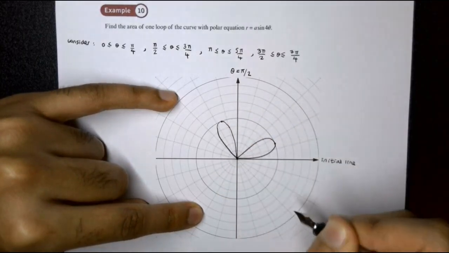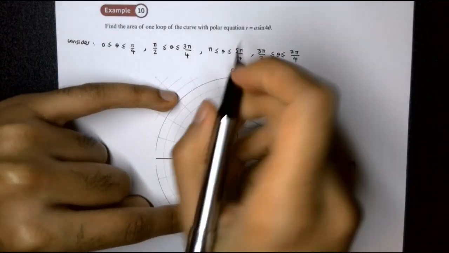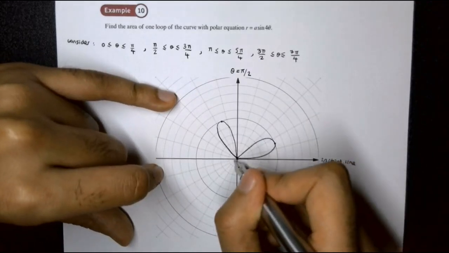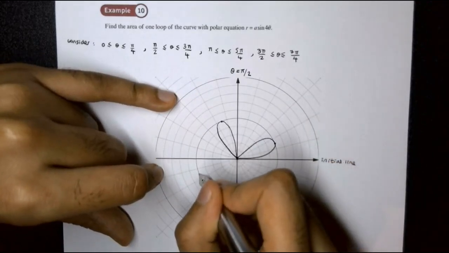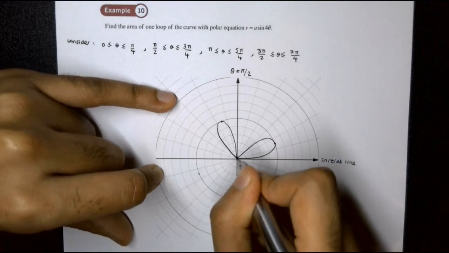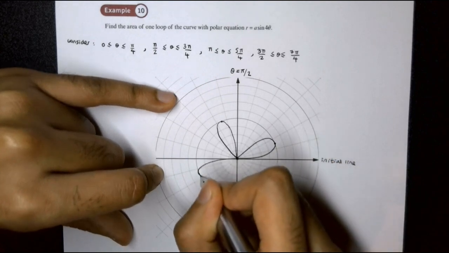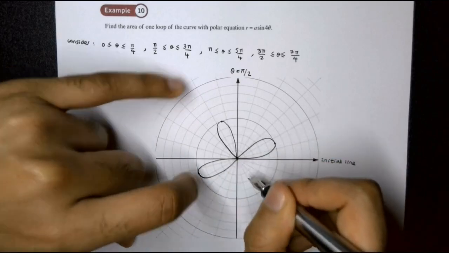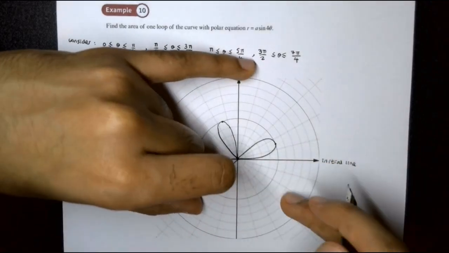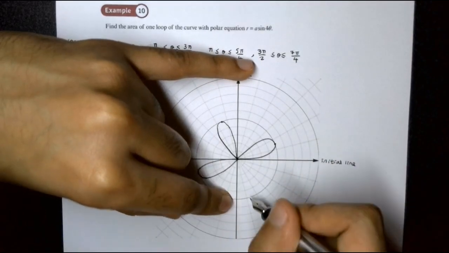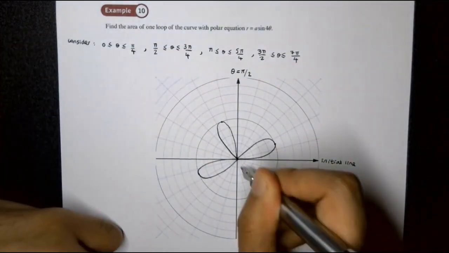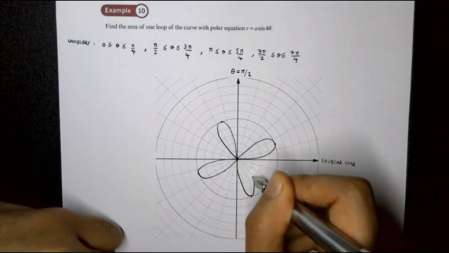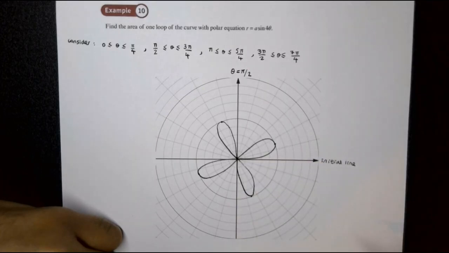Something looking like this. For the next one, between pi and 5 pi over 4, through the symmetry, this is going to go here. So we get something looking like this. And now again through the symmetry, between 3 pi over 2 and 7 pi over 4, that's over here. We get our fourth petal, like so.